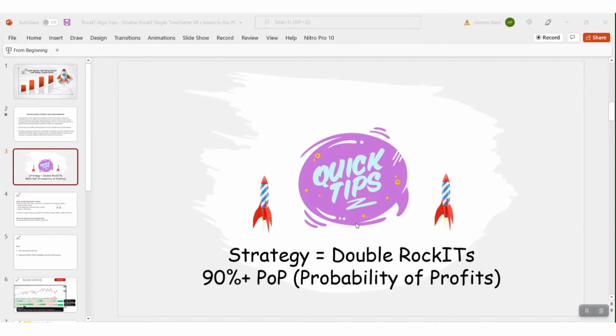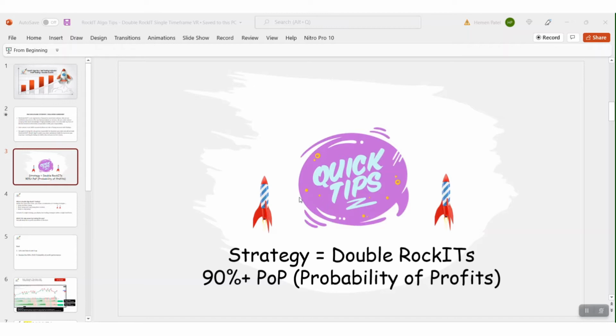Today, we're going to release and introduce a new strategy called double rockets that helps you realize 90% plus probability of profits.